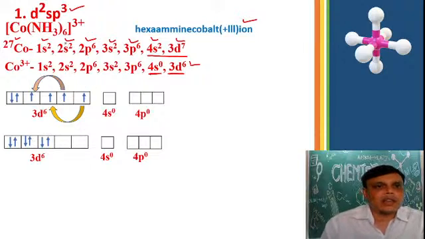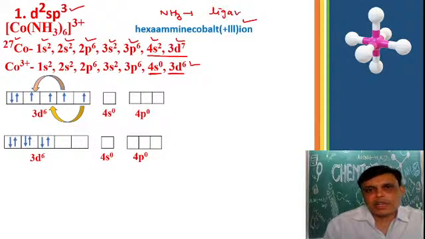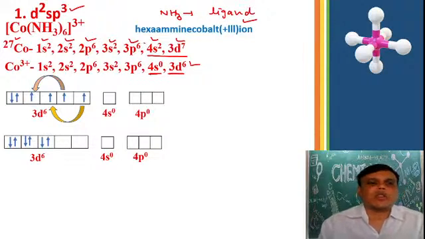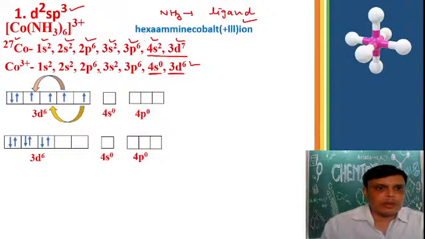Now here ammonia is acting as a strong ligand. I have told you ammonia is acting as a strong ligand in presence of cobalt 3+, and when coordination number is 6, these electrons will go in this orbital and these electrons will go in this orbital, so these two orbitals become vacant.